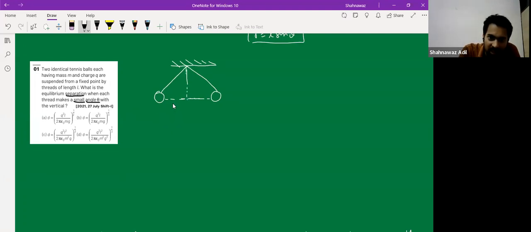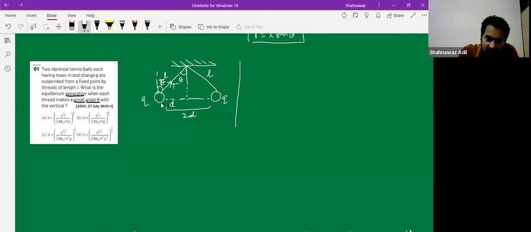Let's say this is d, so this is 2d, and this is L, this is theta, and this is Q. Again, we will use the same funda. Tension is in this direction. What would be the free body diagram?